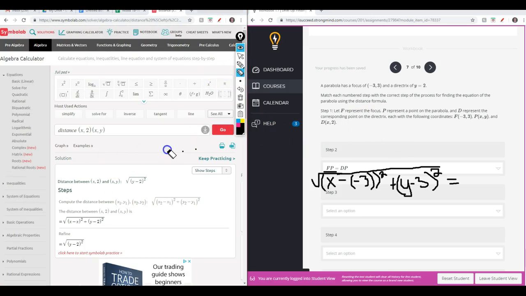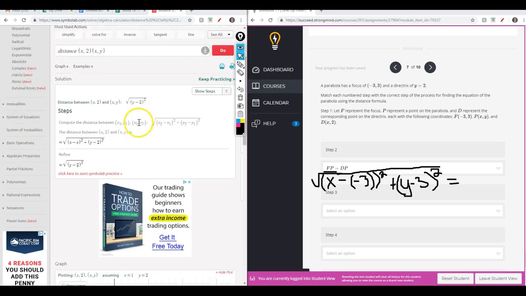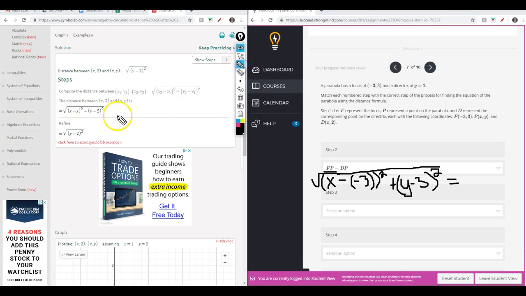So when we do that, again, this shows us our equation. And so we are substituting x in for x1 and this 2 in for y1 and this x in for x2 and this y in for y2.